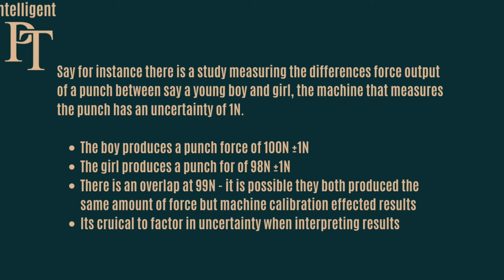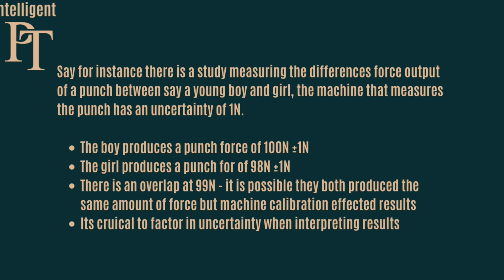An example I like to give is, say there's like a study measuring the force output of maybe a punch from two different groups, say for example a young boy and a young girl. The machine that measures the punch, for example, has an uncertainty of plus or minus 1 Newton.